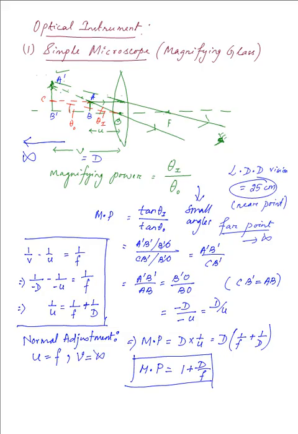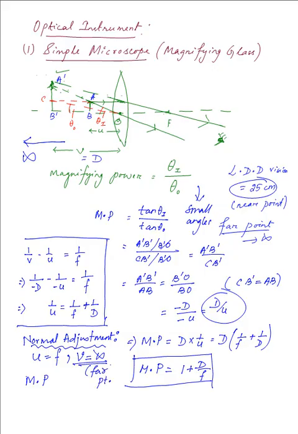Now with the image distance going to infinity, you have 1 over u equal to 1 over f. So you put that in this formula for magnifying power. So you have the magnifying power now in case of the normal adjustment for the image obtained at infinity, which is the far point as you know it.